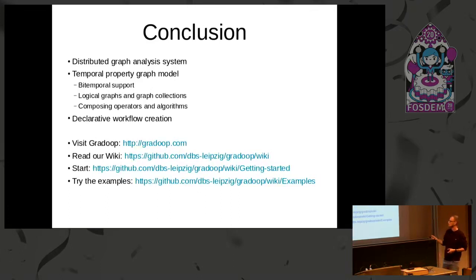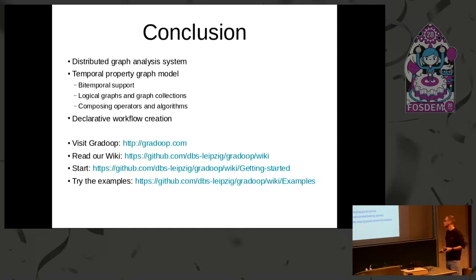This redirects to our GitHub repo. We have a good wiki where every operator is explained, how it works, with examples and so on. We have a getting started guide with a short input graph and an example workflow showing how to work with GRADOOP. And we have a lot of examples also in this temporal area.